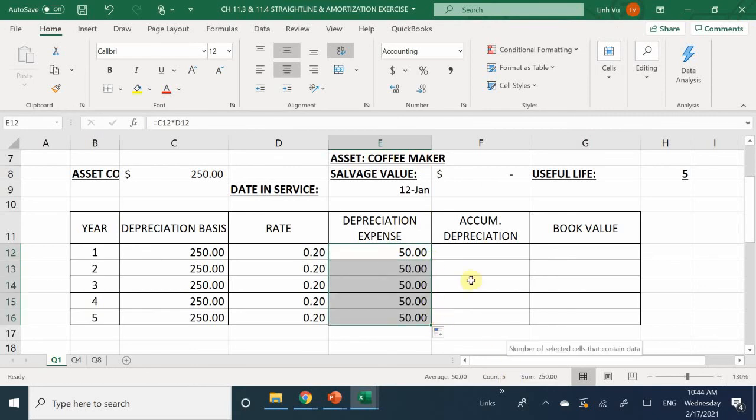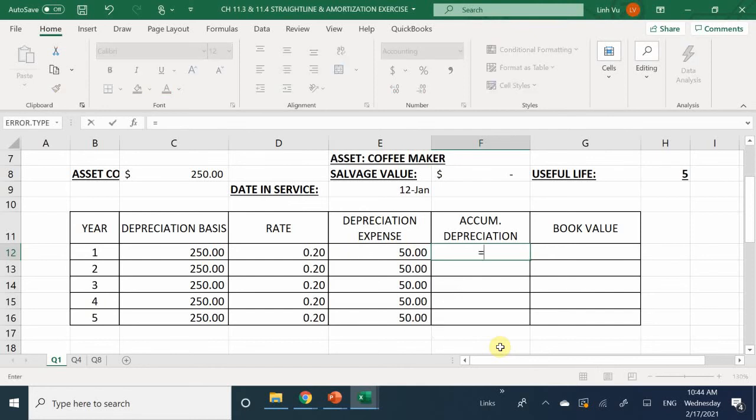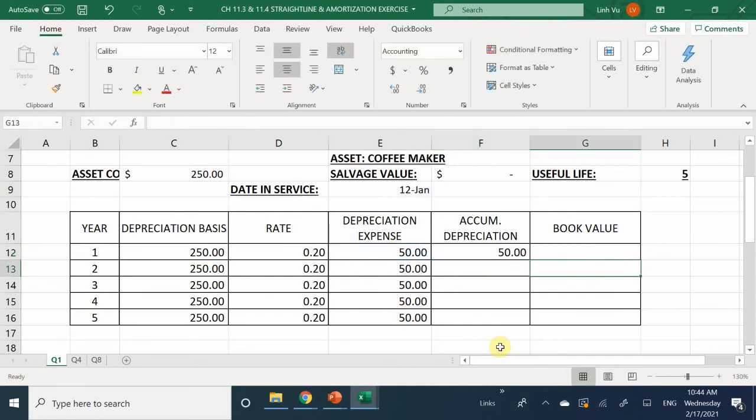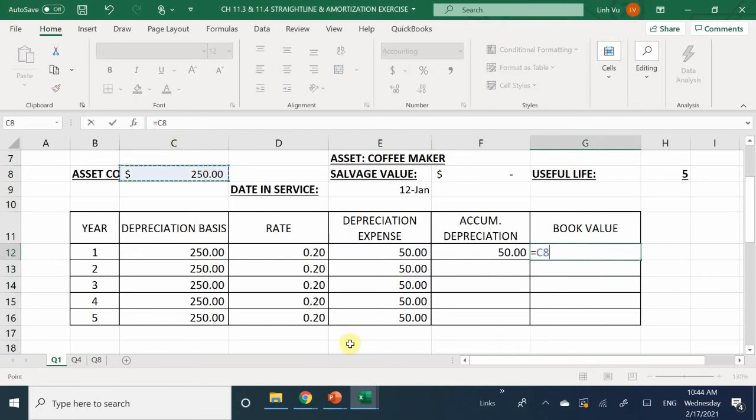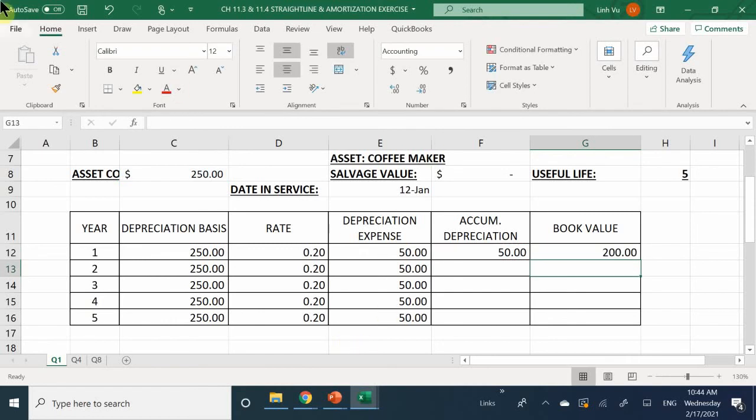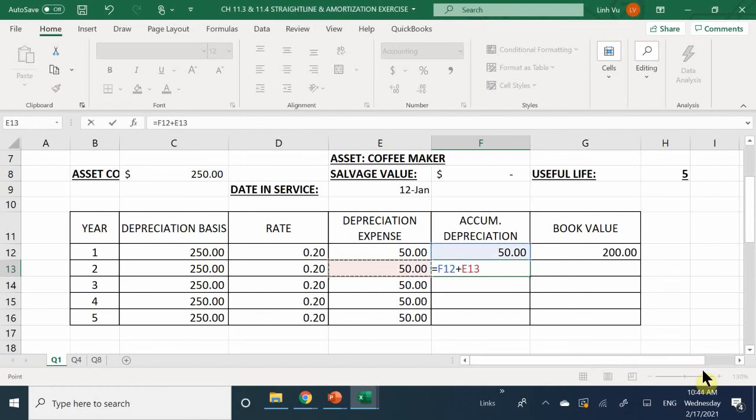Okay? So now the only calculation I need to really do is to calculate your accumulated depreciation and your book value. So here, what is my accumulated depreciation for the first year? 50. So what does that make my book value become? What is my book value now? 200. It's 200 now. Okay. What about the accumulated depreciation for the second year?